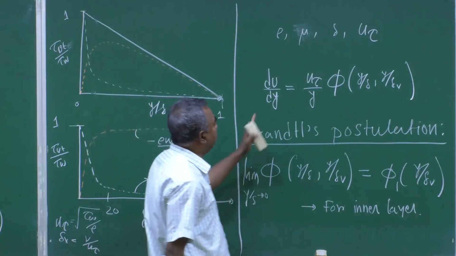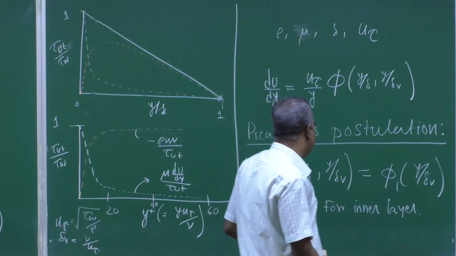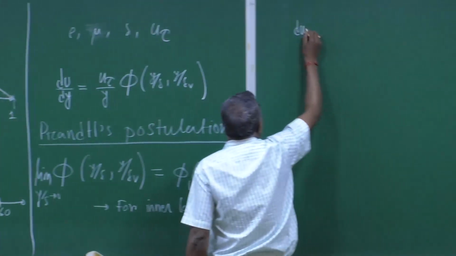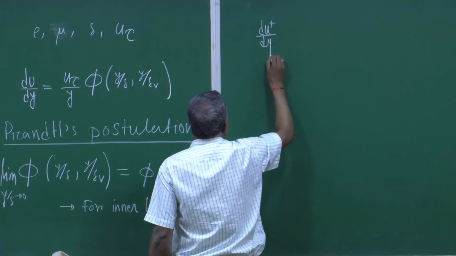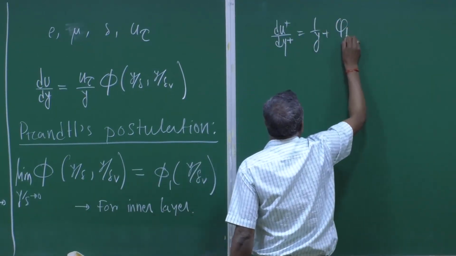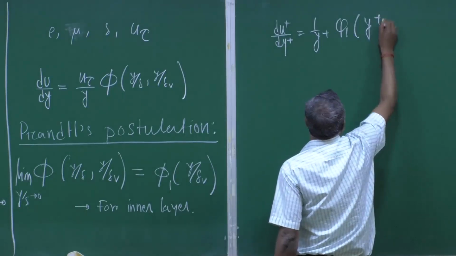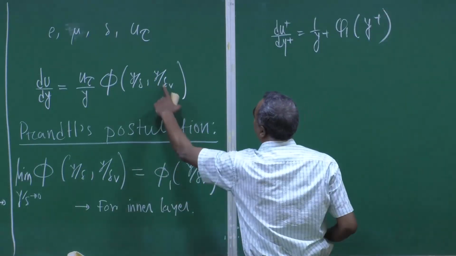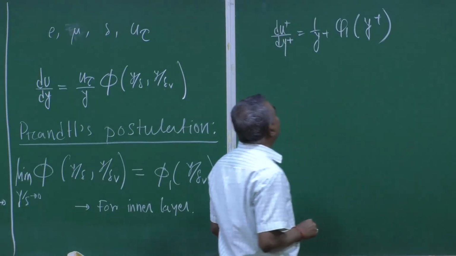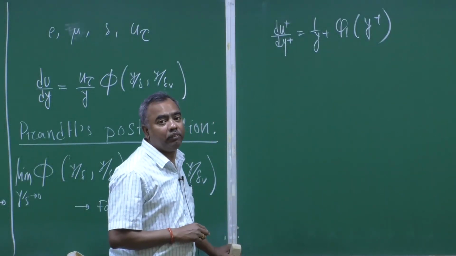So, if this is the case, then this particular equation can be written as 1 by y plus phi_1 of y plus, because y by delta_v is nothing but your y plus, right. This is what we can write from this equation.